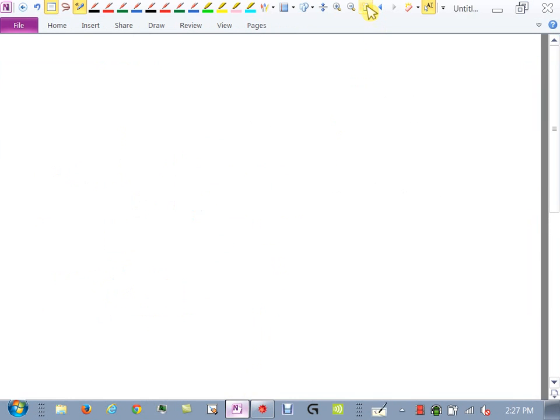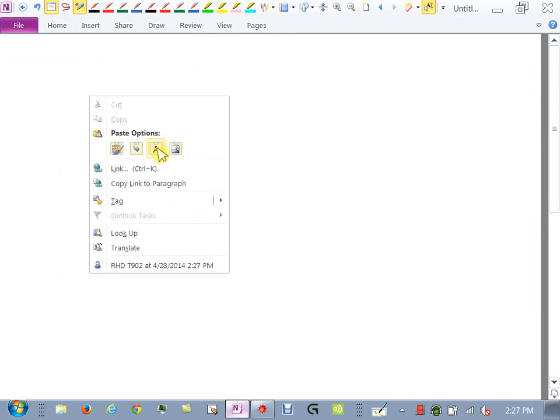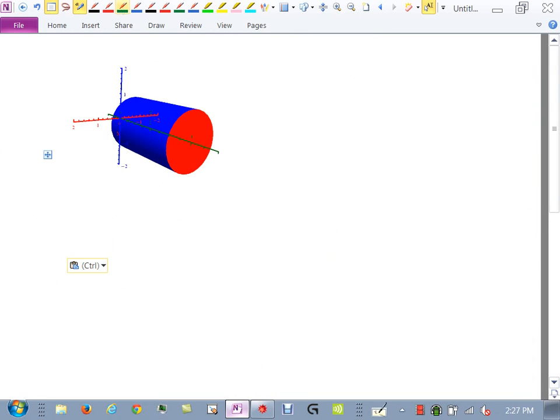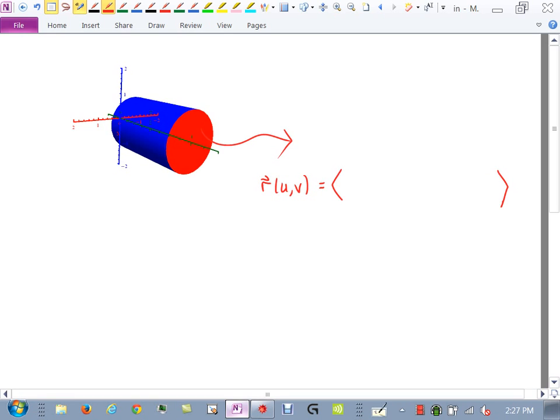It starts to feel that way after a while. All right, so for that cap, we're going to let our r of u, v be such that, well, what did we say for sure we knew about? The y would be 4, so that's not going to move. I need to draw a circle of radius 1, but I need it to be able to change in radius, right?